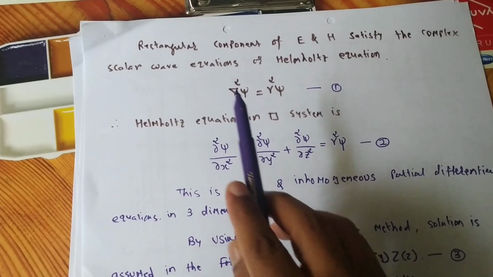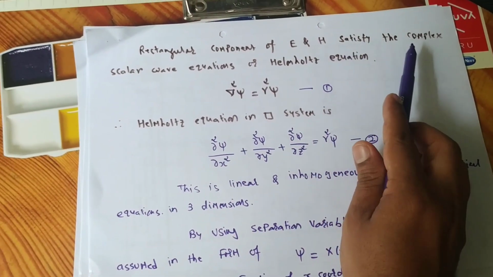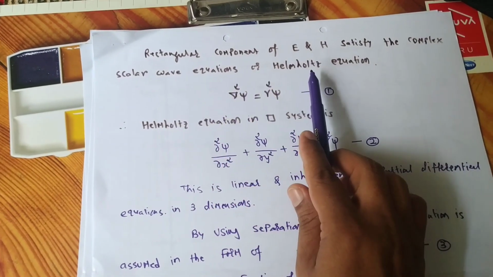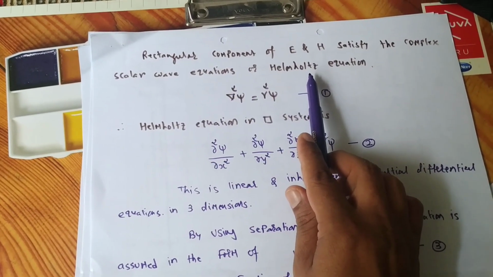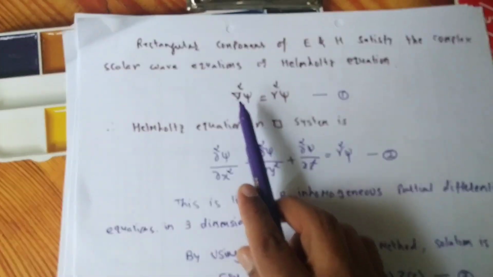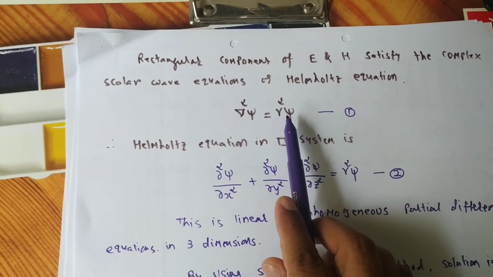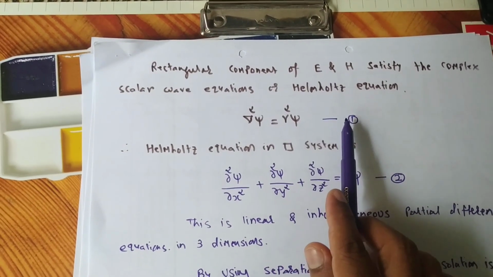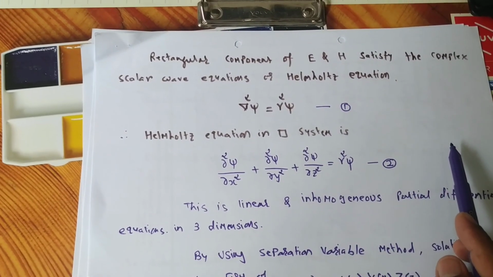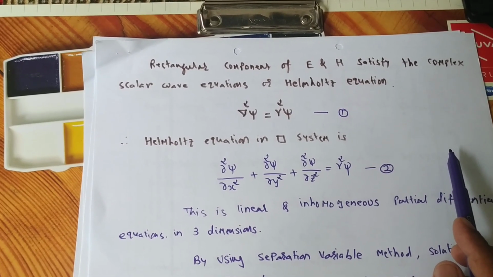Let the rectangular components of E and H satisfy the complex scalar wave equation or Helmholtz equation. I can express the above two equations as del square sigma equal to gamma square sigma. I will consider this as equation 1.